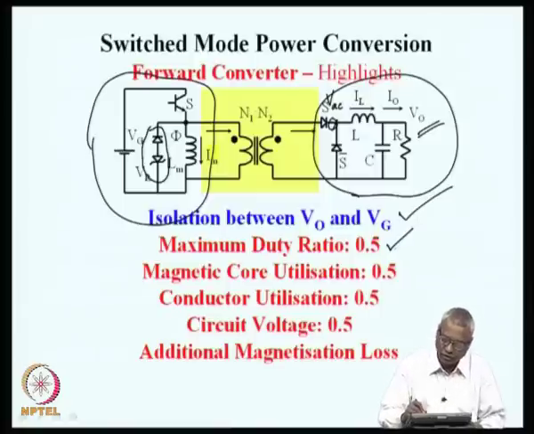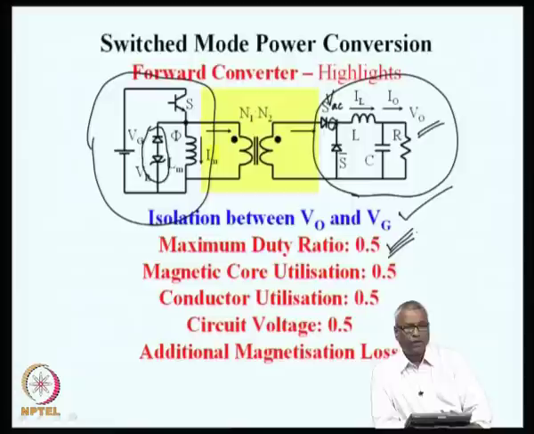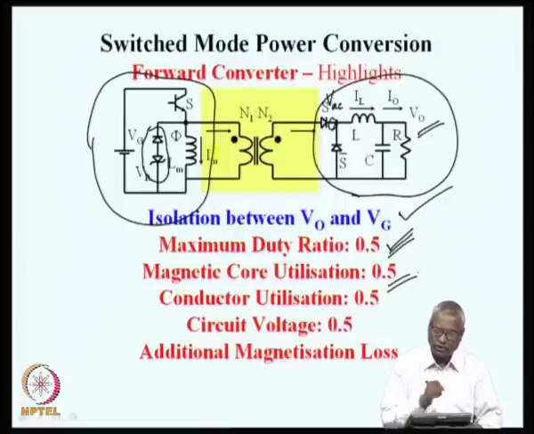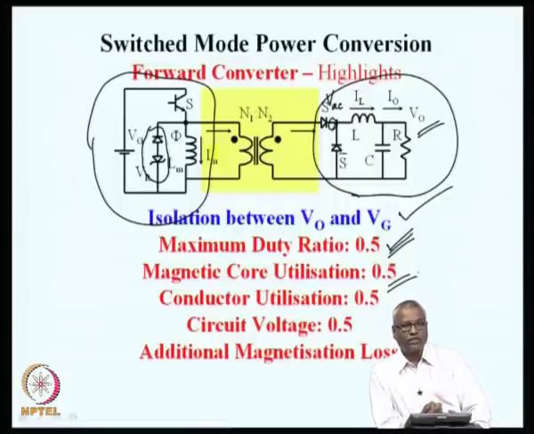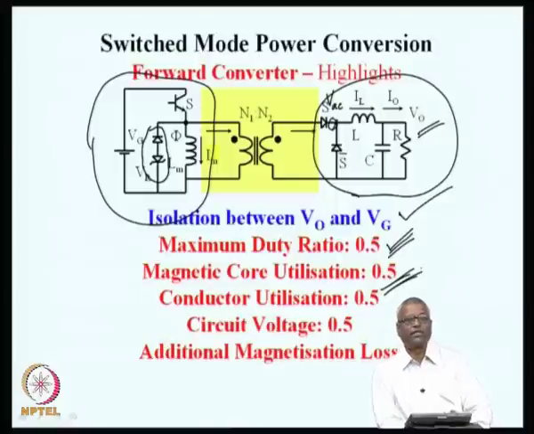On account of that, the maximum duty ratio got limited to 0.5. And the consequence of this is that the magnetic core is utilized only in one side. The magnetization of the core is taking place in one polarity. On account of that, even though we are using a material which is capable of getting magnetized in both directions, we are using it in only one direction, and so we say that the core was utilized only to 50% of its capacity.